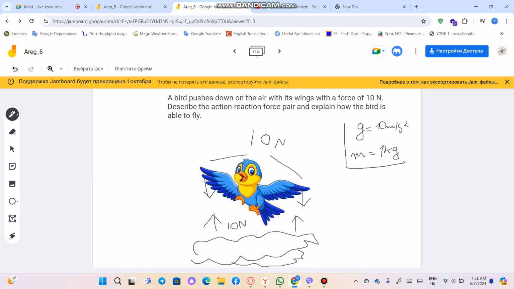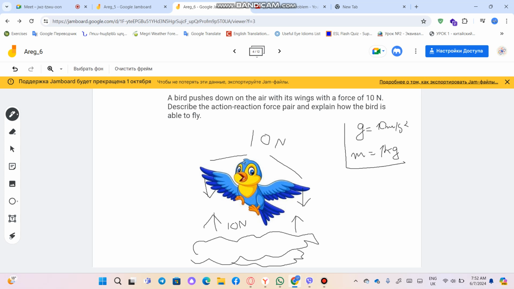What can you say? I think it's going to descend. Let's calculate what will happen. Let's discuss the forces acting on the bird. So we have the 10 newtons acting on the bird, but on top of that, we also have the gravity pushing down the bird, including the 10 newtons.